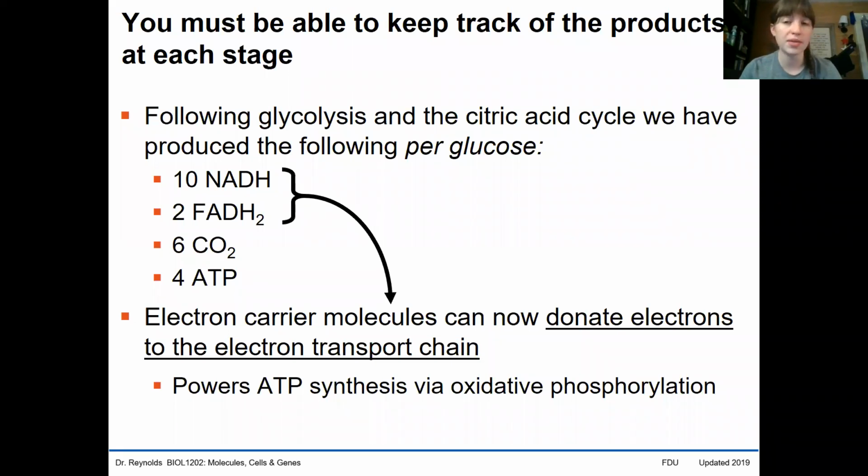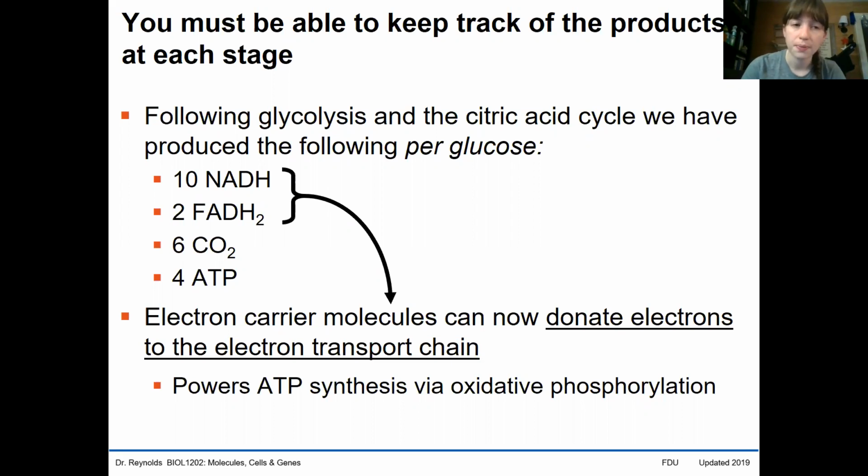So all the carbons have been broken down. And all the electrons that were contained within that highly reduced molecule of glucose have been transferred into molecules of NADH, FADH2, and some of their energy has been utilized to create some ATP by substrate level phosphorylation, just not very much.